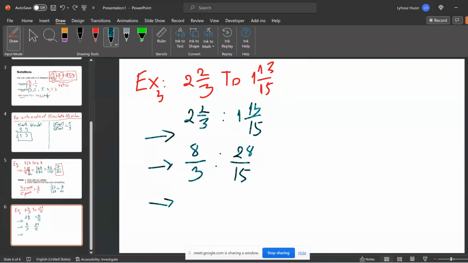We multiply with the reciprocal of the second fraction. What's a reciprocal? Reciprocal is a flip. Have you ever heard the word reciprocal? So it's 8 over 3 multiplied by 15 over 28.